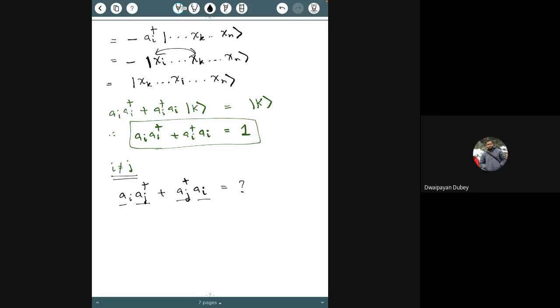So here, since you have a dagger on J, for the action of this operator to be non-zero on a determinant, J must be unoccupied. And again, for the action of A_I to be non-zero, I must be occupied.